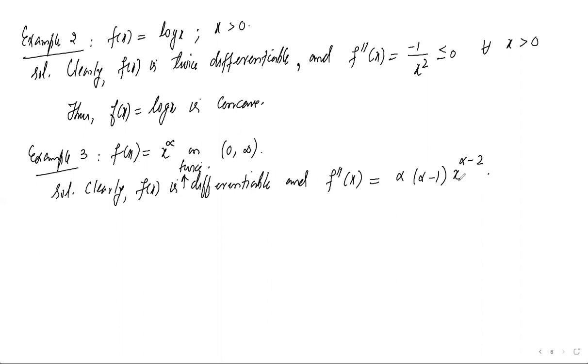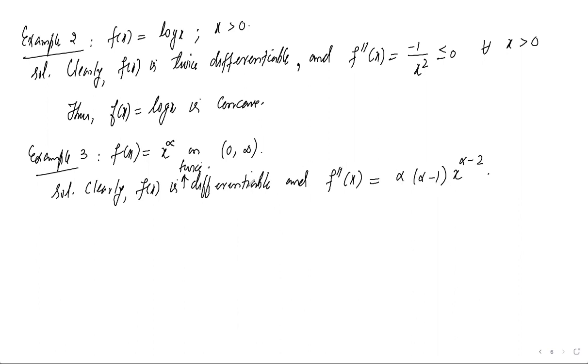Now, since x is positive, the positivity or negativity of the second derivative will completely depend on the real number alpha. Since x is positive, x power alpha minus 2 is always positive. Therefore, the negativity and the positivity of f double dash of x will completely depend on alpha.